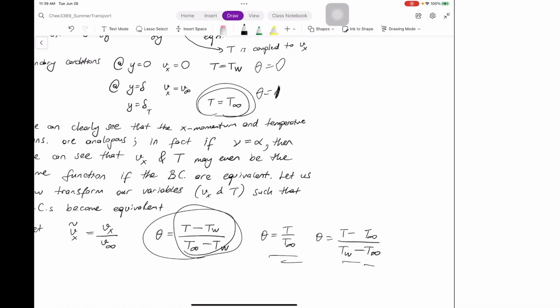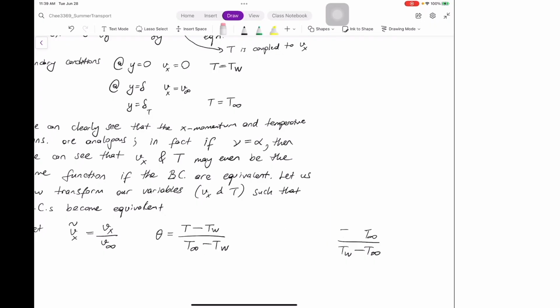The reason is that Vx tilde is going to be 1 there and 0 at the wall, so I want to make them the same. My aim is to make the non-dimensional temperature the same as the non-dimensional velocity. So that's why I choose this one and not the others.